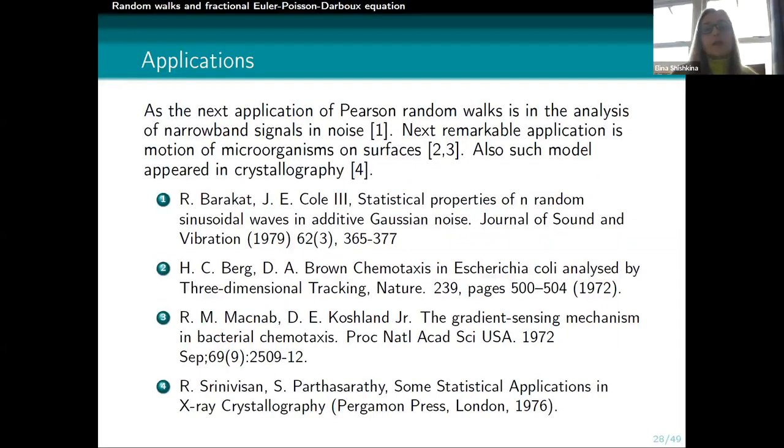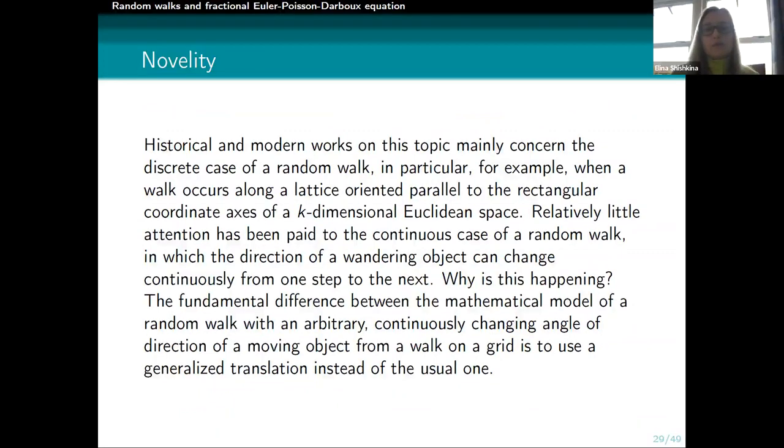Next application of such random walks, we will call them Pearson random walks, in order to understand that we deal with a random walk where we can take any angle in each step, we can find in signals, in noise, in motion of microorganisms on surfaces, and in crystallography. And we can see such papers where such problems can be found.